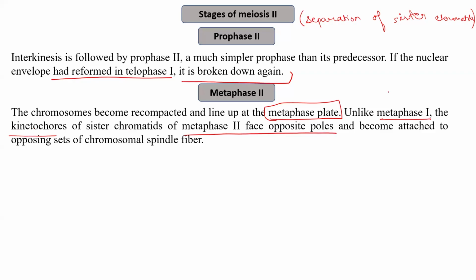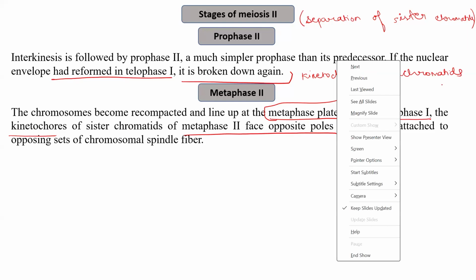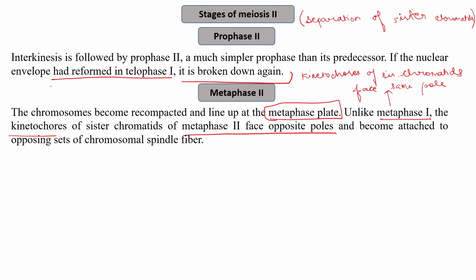So in metaphase 1, we know the kinetochores of sister chromatids face the same pole. But in metaphase 2, the kinetochores of sister chromatids face the opposite poles and become attached to the opposing sides of the spindle fibers, therefore preparing themselves to separate the sister chromatids.